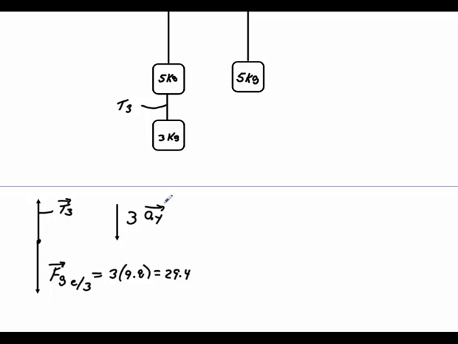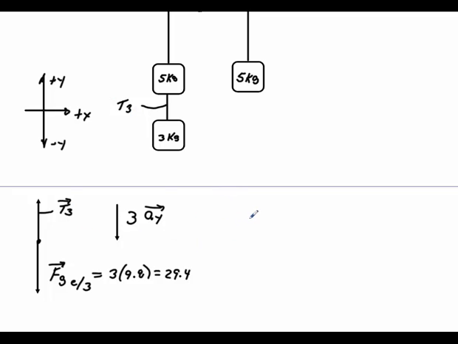All I've done is establish a coordinate system. Anything that goes up is positive y. Anything that goes down is minus y. Anything that would go this way, which we don't have to worry about here, would be positive x. So that's the coordinate system I'm using.